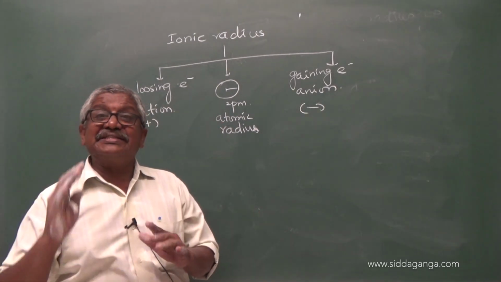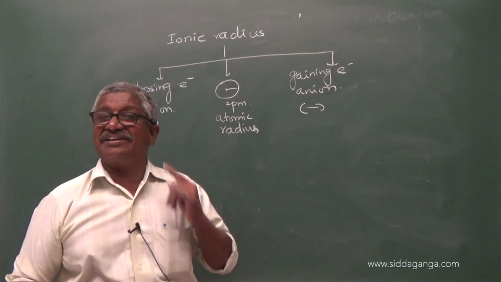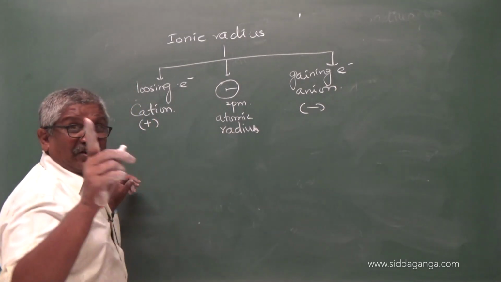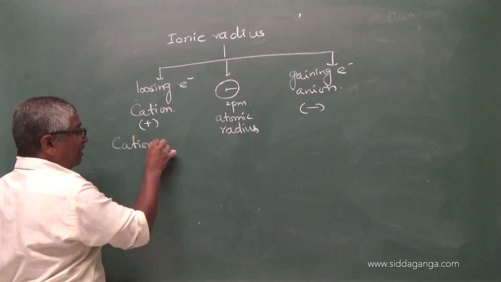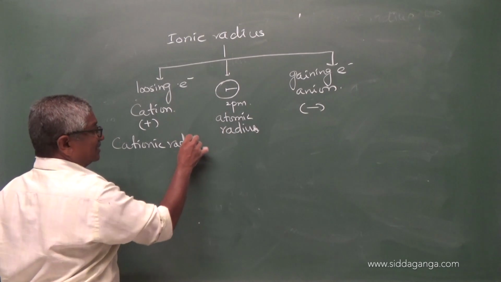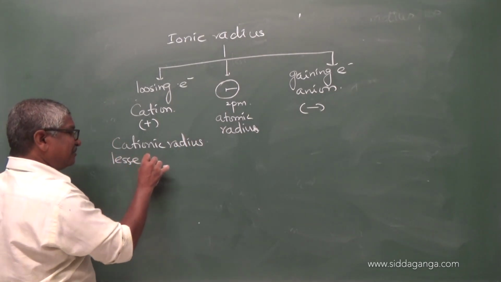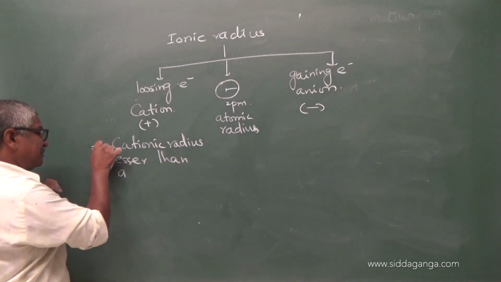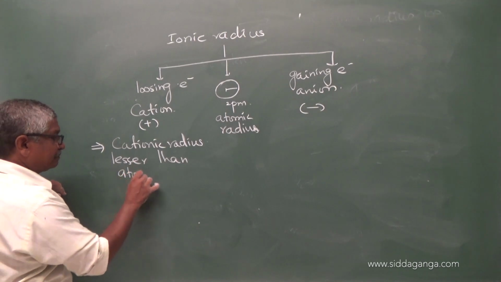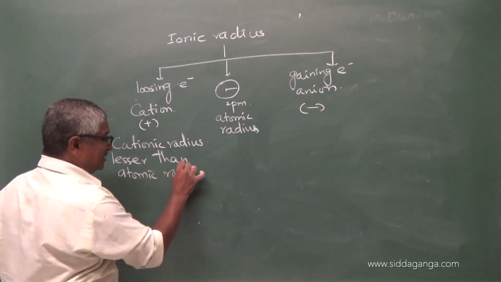Which radius is more than the atomic radius? Which radius is less than the atomic radius? Cationic radius is lesser than the atomic radius.